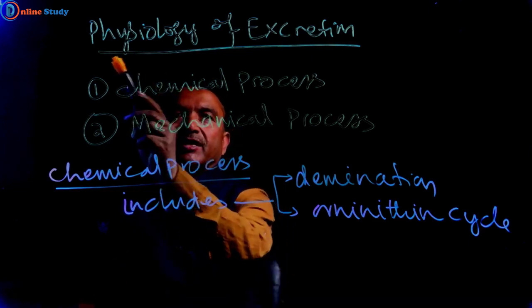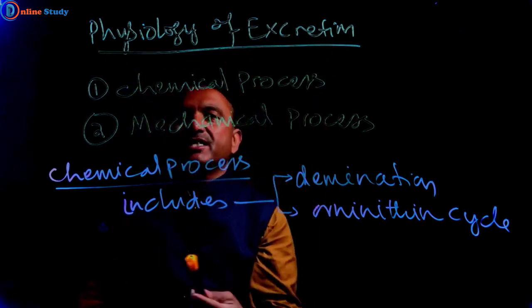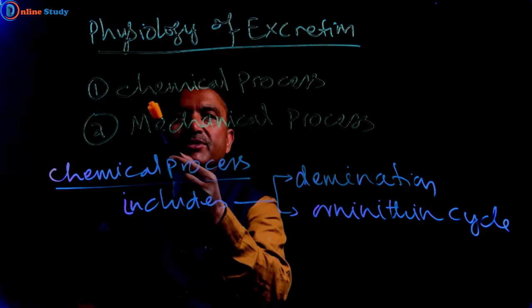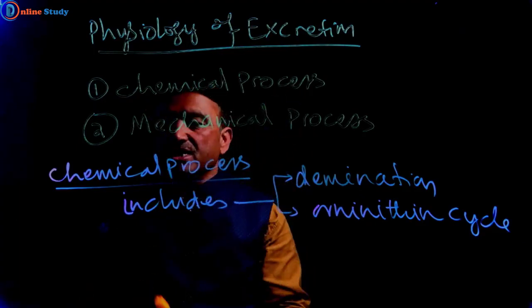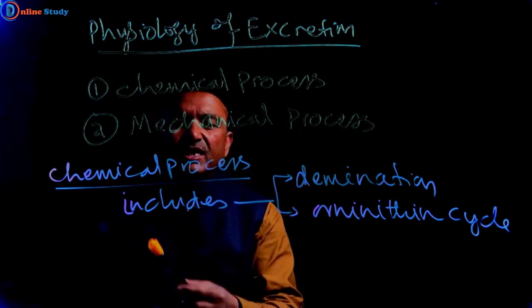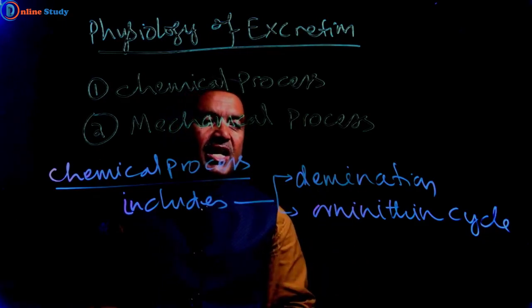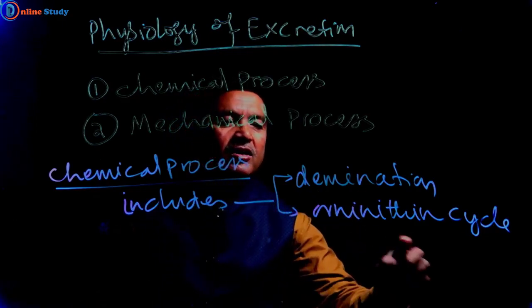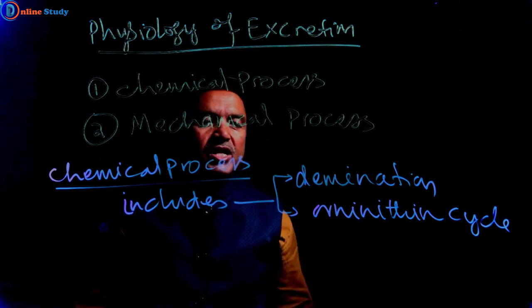So physiology of excretion includes two steps: chemical process and mechanical process. Chemical process includes deamination and ornithine cycle.